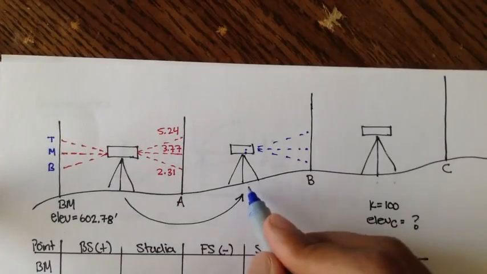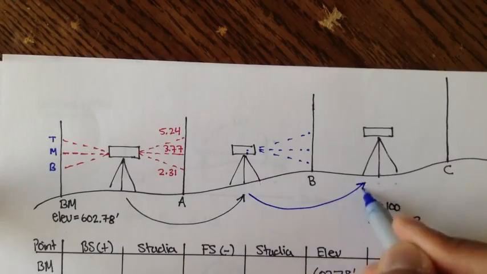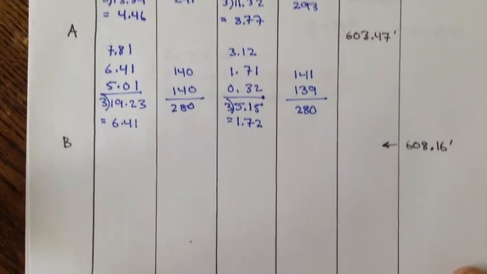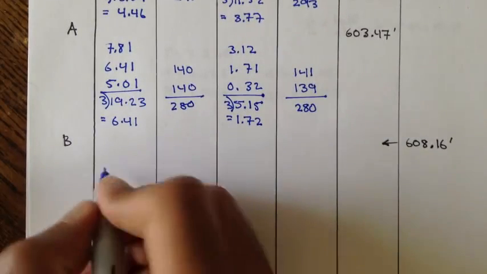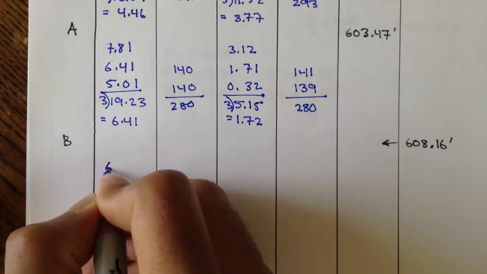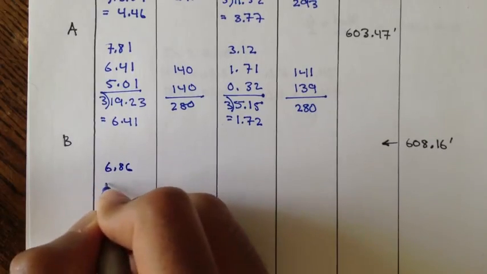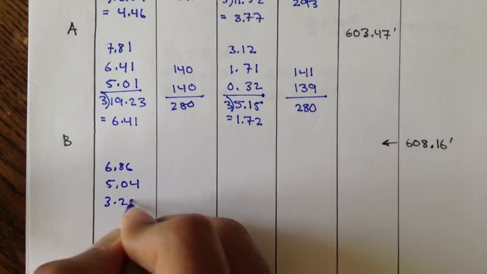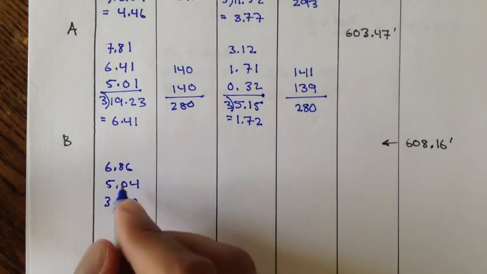Now, let's do this process one more time. So you take the instrument from here, you move it here, you take the backsight, and you take the foresight. And the backsight readings, your top, middle, and bottom, you get 6.86, 5.04, 3.20. Remember, this is for the backsight.